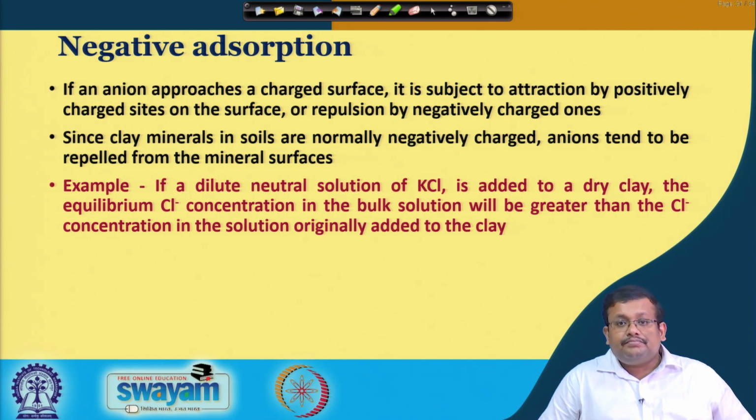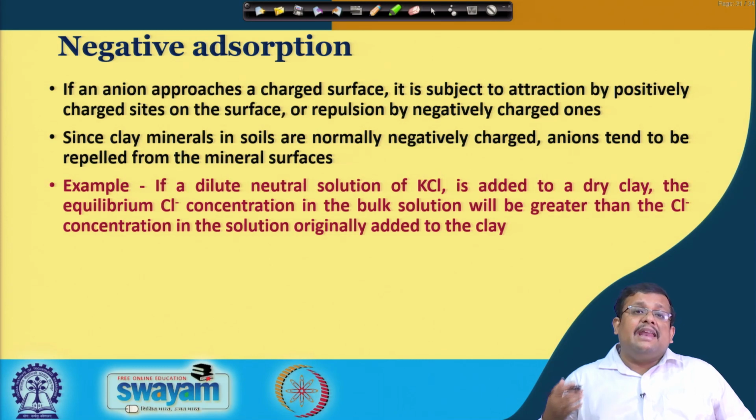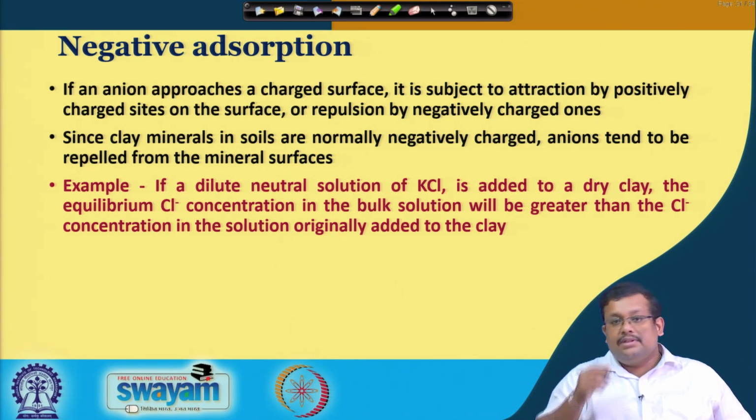negative adsorption. Now, we know that if an anion approaches a charged surface, it is subjected to attraction by positively charged sites of the surface or repulsion by the negatively charged ones. Most of the time the negative charge on the clay surface develops due to isomorphous substitution or sometimes due to the pH of the surrounding medium.